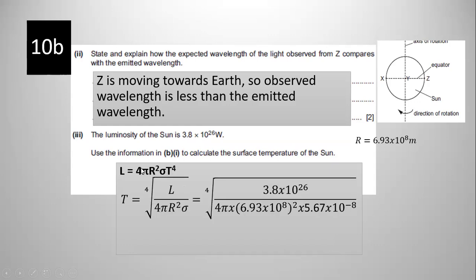Take the others across, then take the fourth root. L, that's the luminosity, equals 4 pi r squared times sigma T to the fourth, and the Stefan constant you can get from the formula data sheet. Right? To two significant figures, it's 5800 Kelvin.